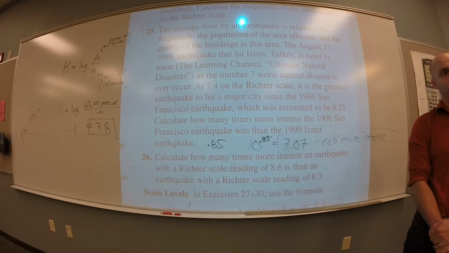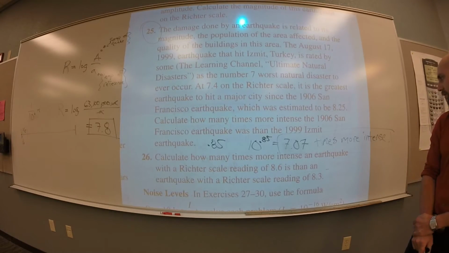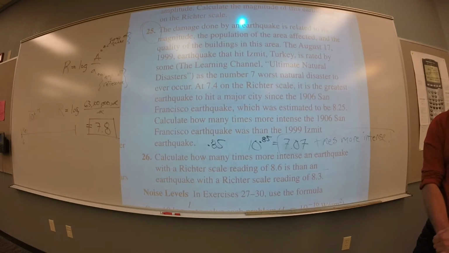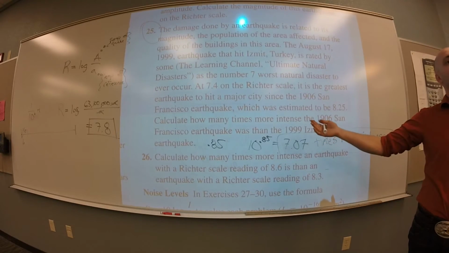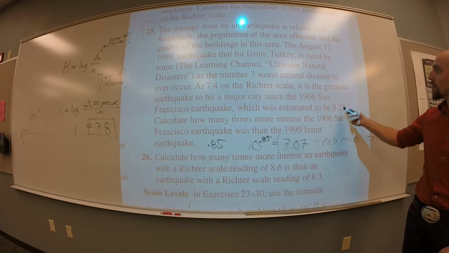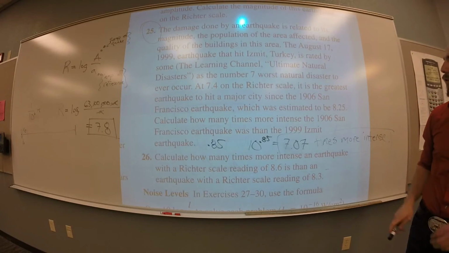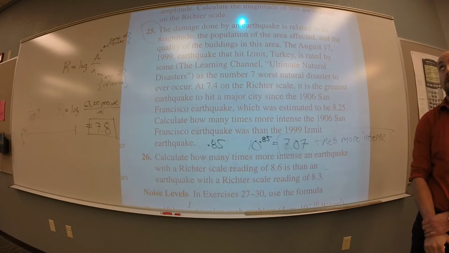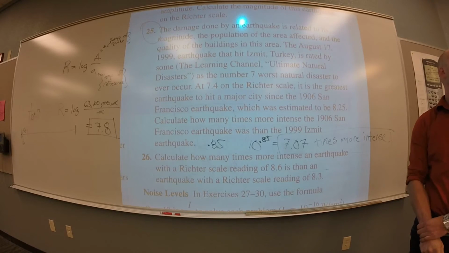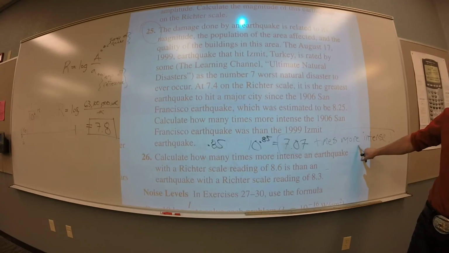When you say 7.07 times more intense, what I mean is that the Earth moved 7.07 times further. So if things shook by, I don't know what this was. This was 7.4, so that's a lot. So that's like 30 or 40 meters movement. This shook 7 times harder.